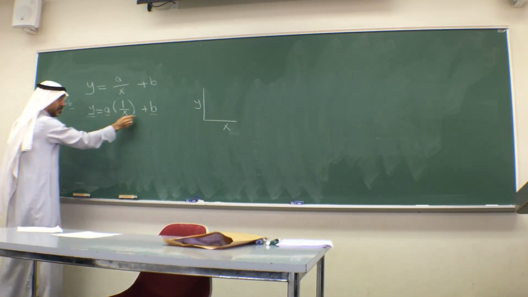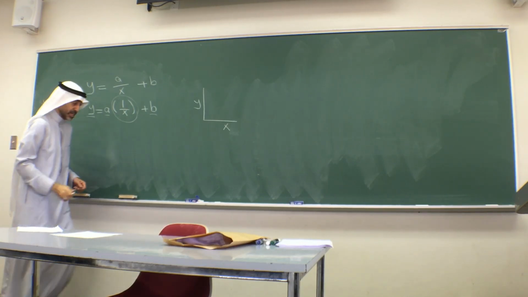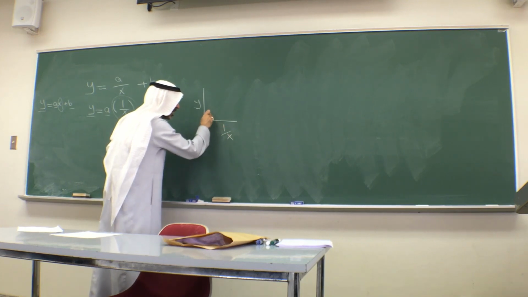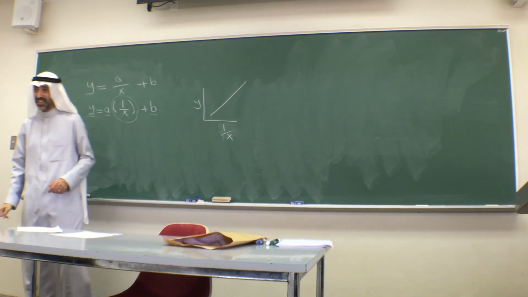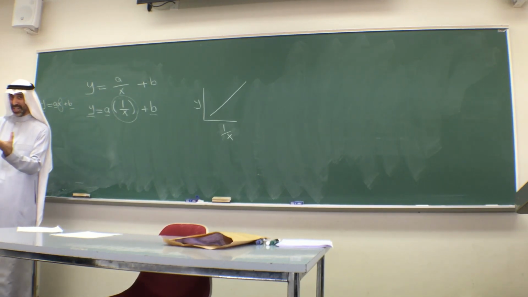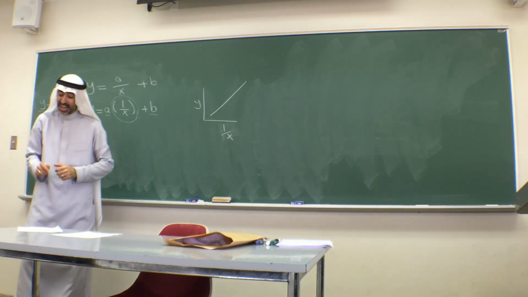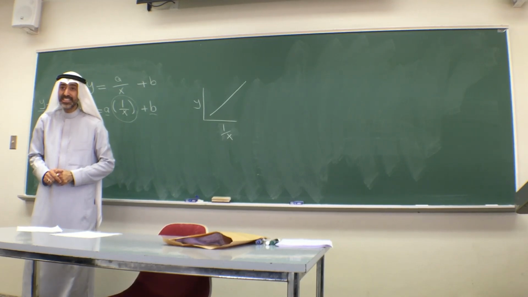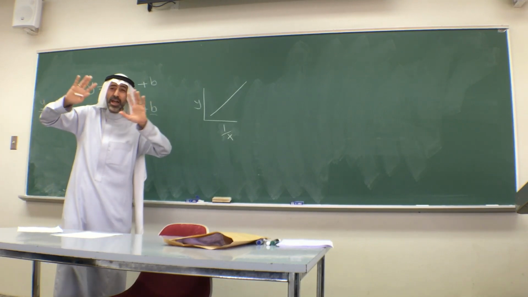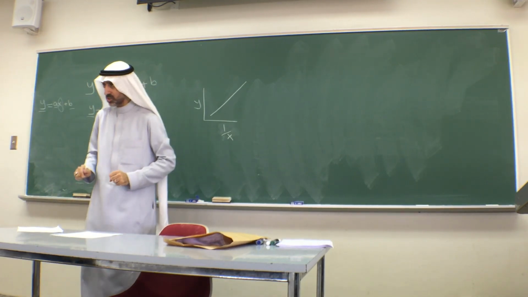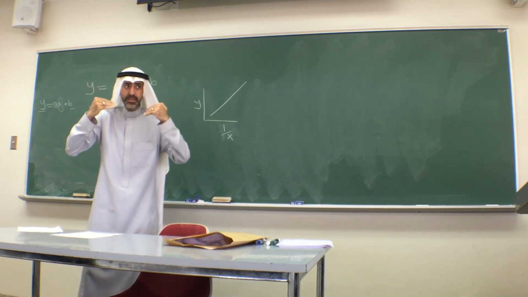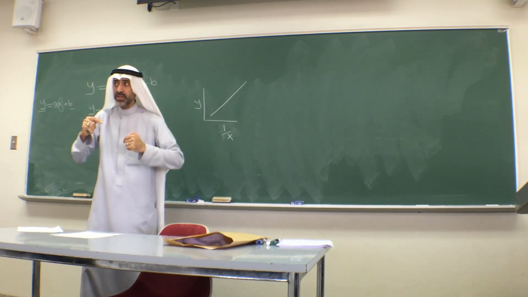The X corresponds to 1 over X. So if I put here 1 over X, you will have what? A straight line. Actually it's not a straight line, but we treat it as a straight line. So please, I want you now to close your eyes and forget about Y and X. Define a new thing in your mind.